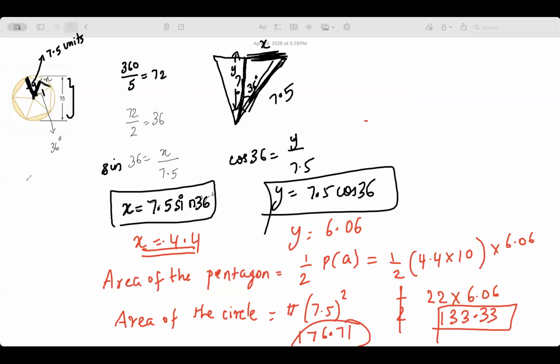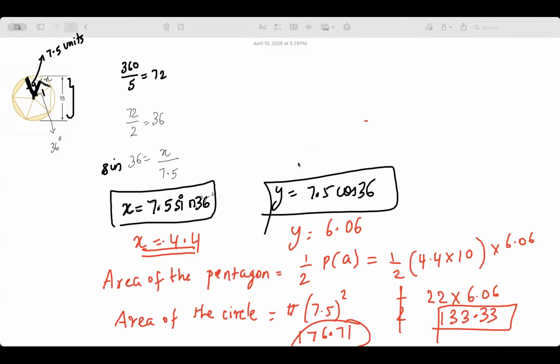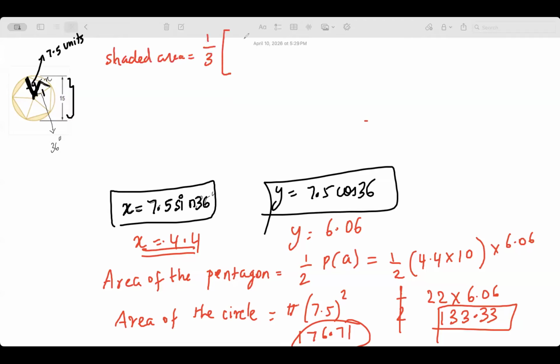Now, how to find the shaded area? Let me erase this and come back here. Let's find the shaded area. There are 5 small segments, right?